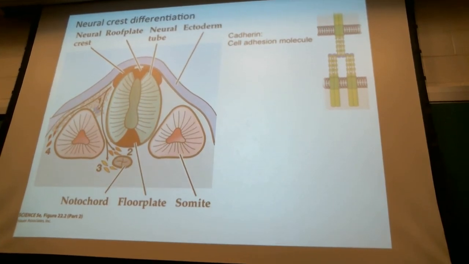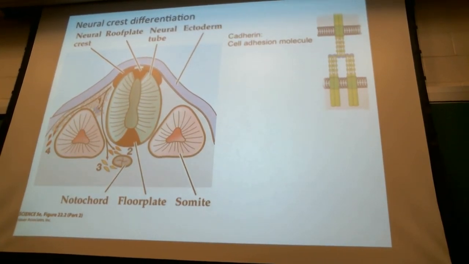How do they do that? Well, they express a repressor for the cadherin gene, which is called snail. And if you look again at in situ hybridization against snail messenger RNA, you can see the neural crest is highly expressed.